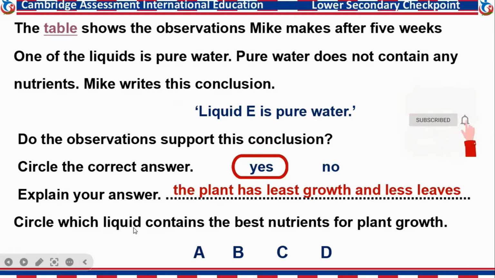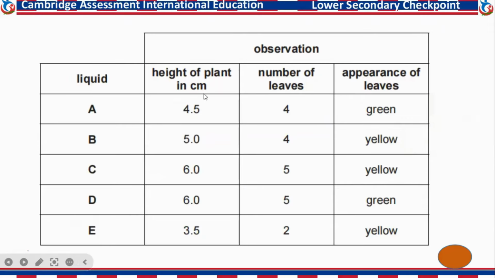Then circle which liquid contains the best nutrients for plant growth. So which of the liquids contains the best nutrients for plant growth? Look at the table now, observe closely to see which of them is the best. First of all, looking at the height of the plant, you can see plant C is having 6 centimeters, 5 leaves, but the leaves are what?